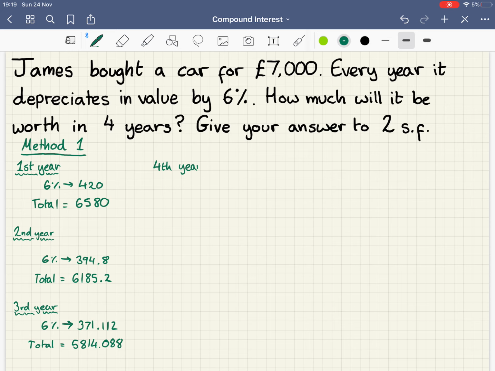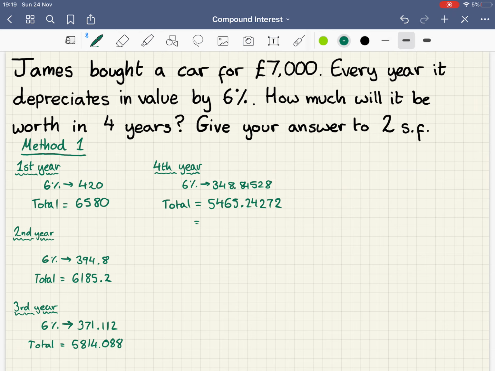So I'm now on to the fourth year. So the fourth year, 6% is 348.84528, and our total, when you do that takeaway, we've got 5,465.24272.